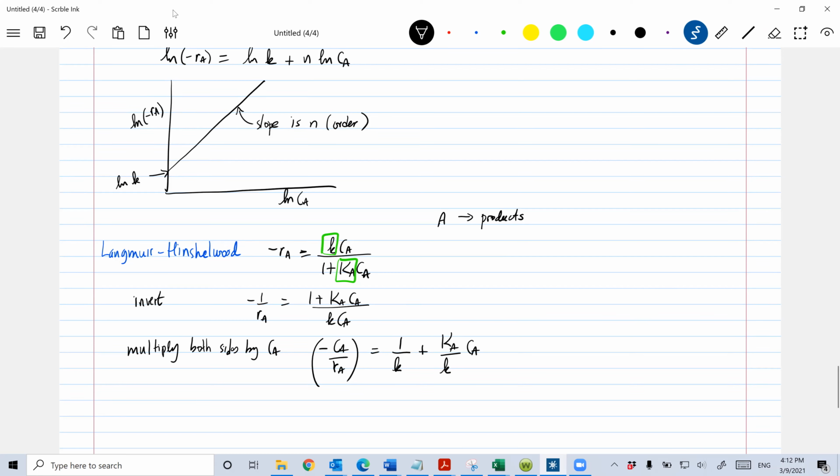So if you plot CA over minus RA versus CA, this is all the data you actually have. Then if it fits the data, your slope is going to be KA over K and your intercept is going to be 1 over K. So you can calculate your constants in that way.